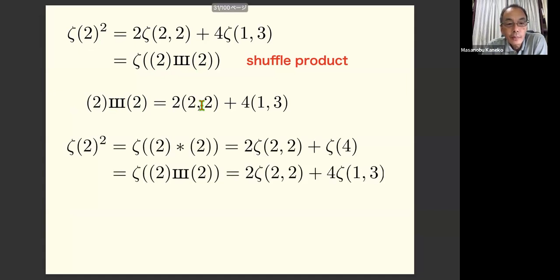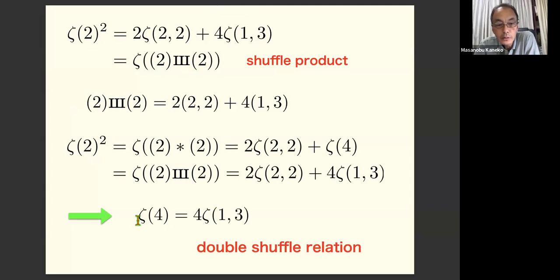Okay. So we have 2 ways of expressing the product as a sum of MZVs. So then we can equate these two to obtain one linear relation. And in this case, zeta 4 equals 4 times zeta 1, 3.